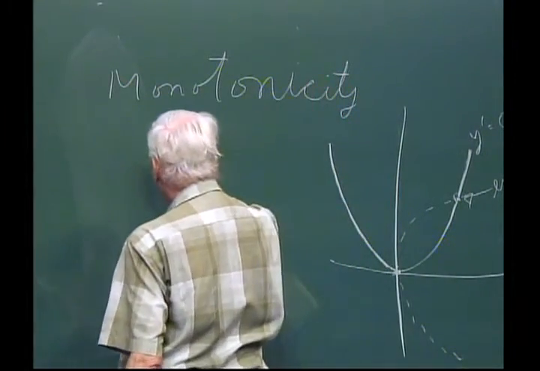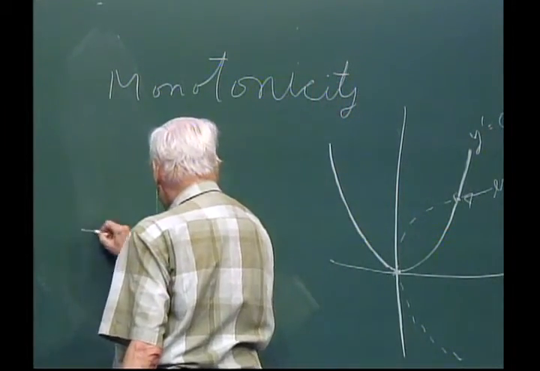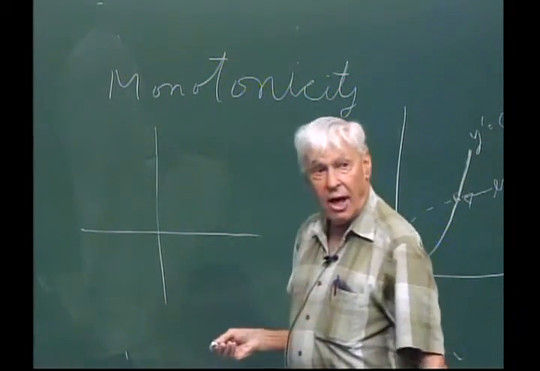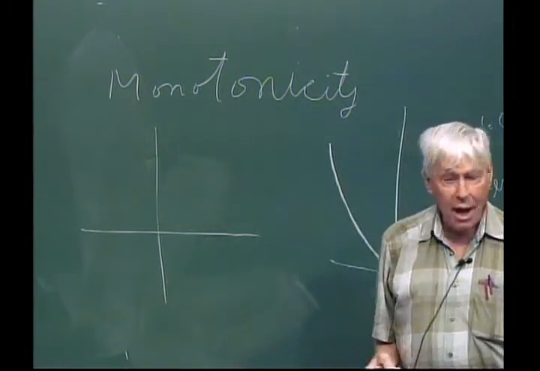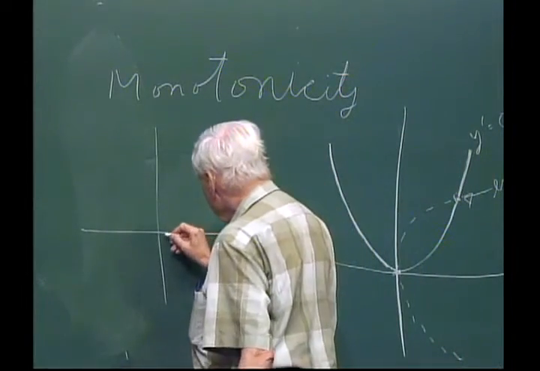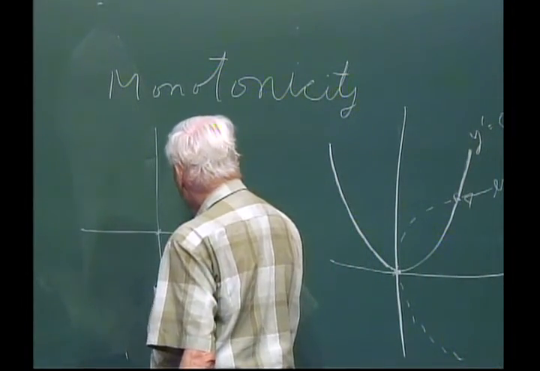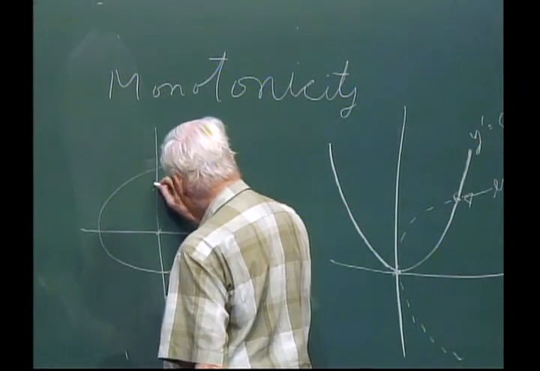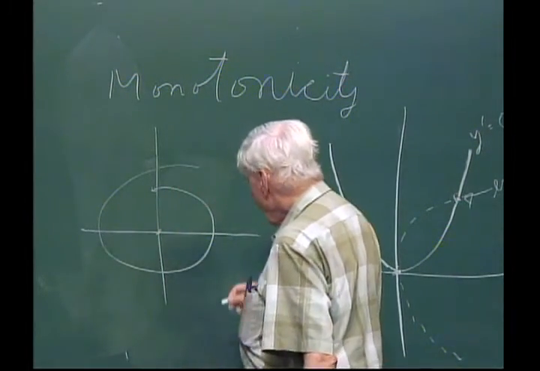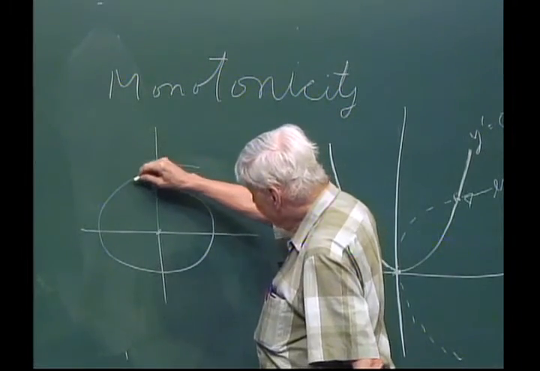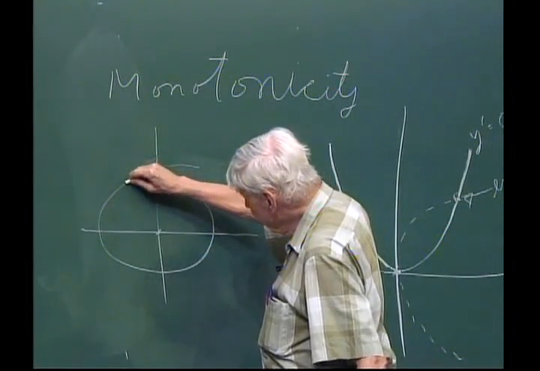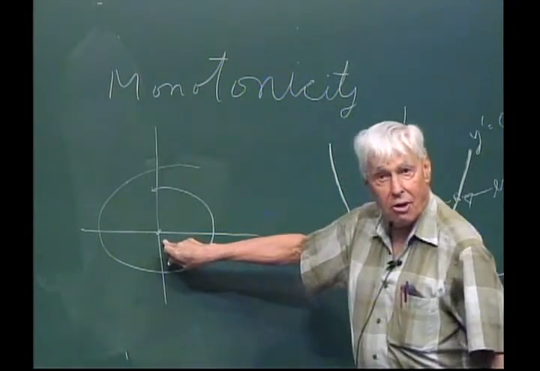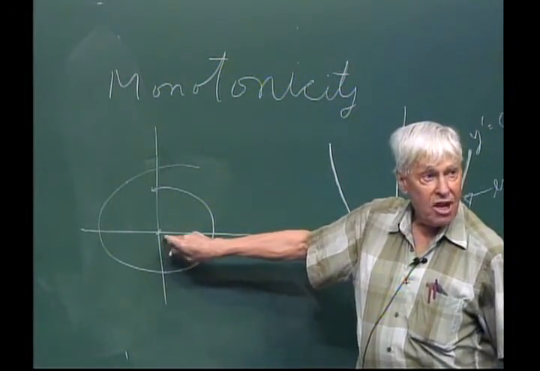Okay, so let's just use a linear example. And I'll give an example of dynamics which is not monotone. So it's going to be a spiral equilibrium, like this. This is not monotone because at some stage in the dynamics, you're getting farther away from the equilibria, even though it's stable.